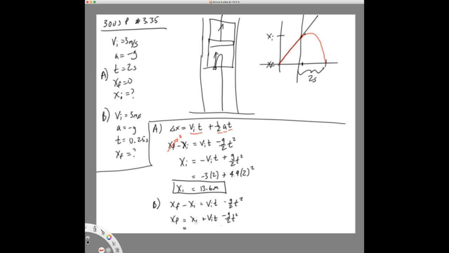So my x initial is what we solved for in the first part, 13.6 plus 3 times 0.25 minus 4.9 times 0.25 squared.